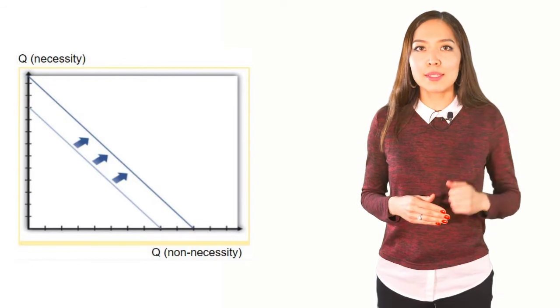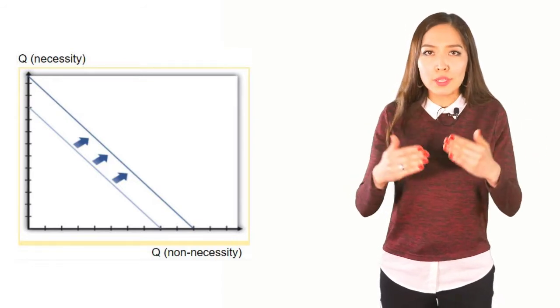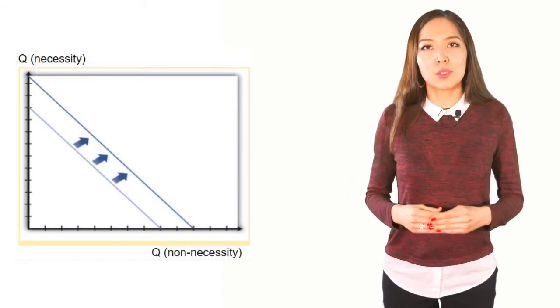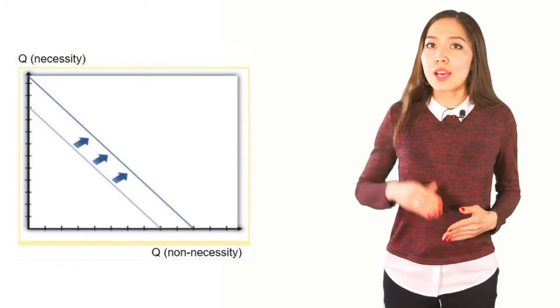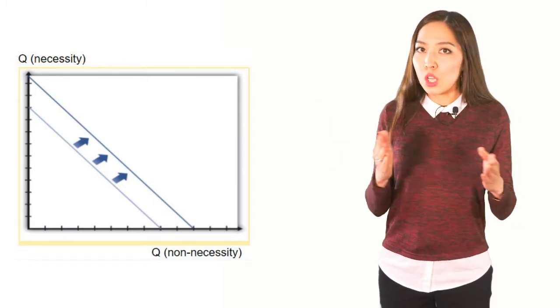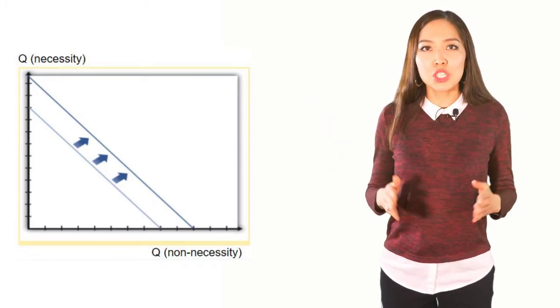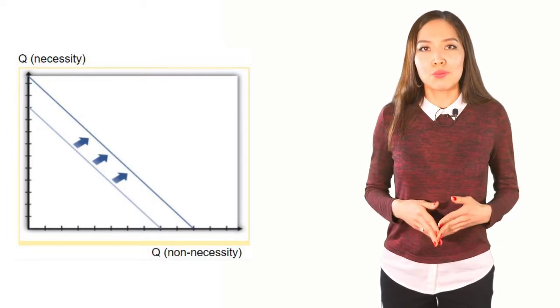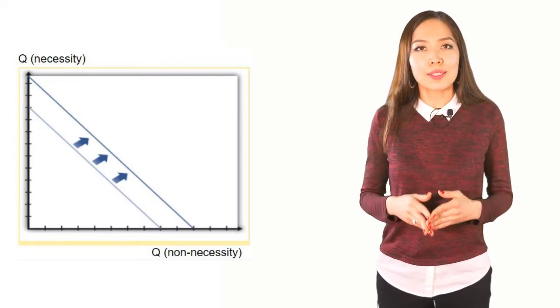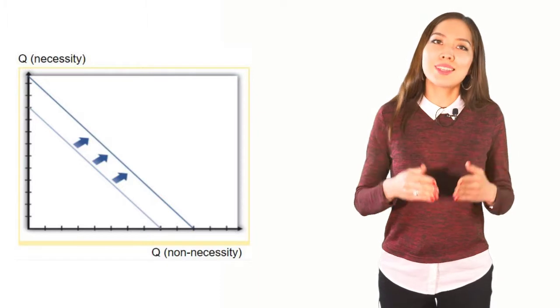Higher income means that he can afford to buy more necessities and more non-necessity goods, so the budget line shifts outward. The slope of the budget line is unchanged because there is no change in the price of necessities relative to non-necessity goods. What happens to his consumption of non-necessity goods?